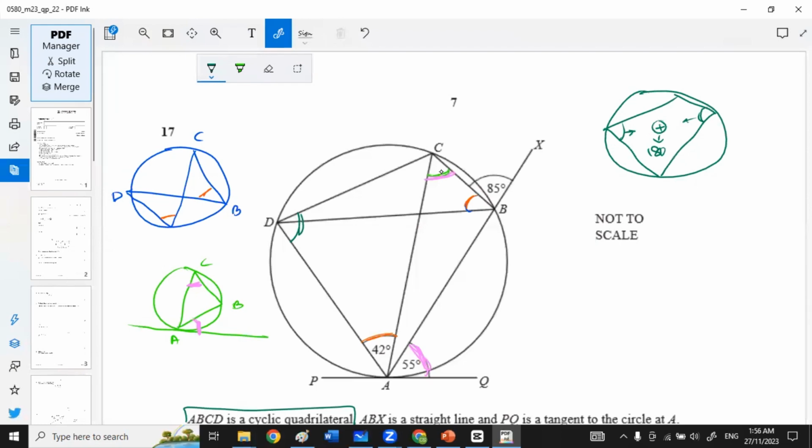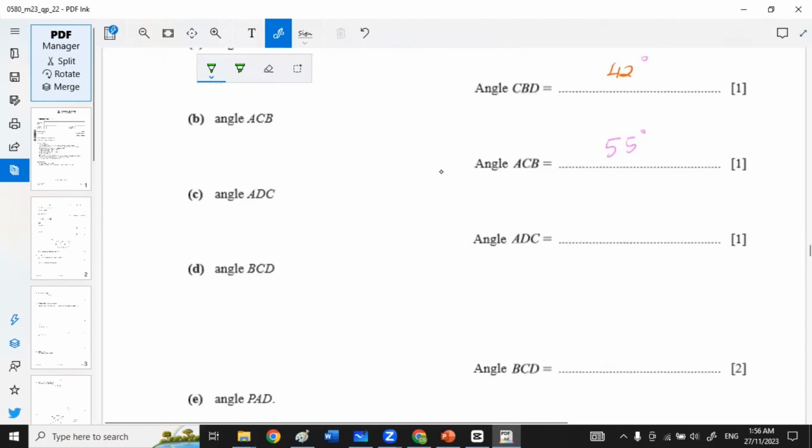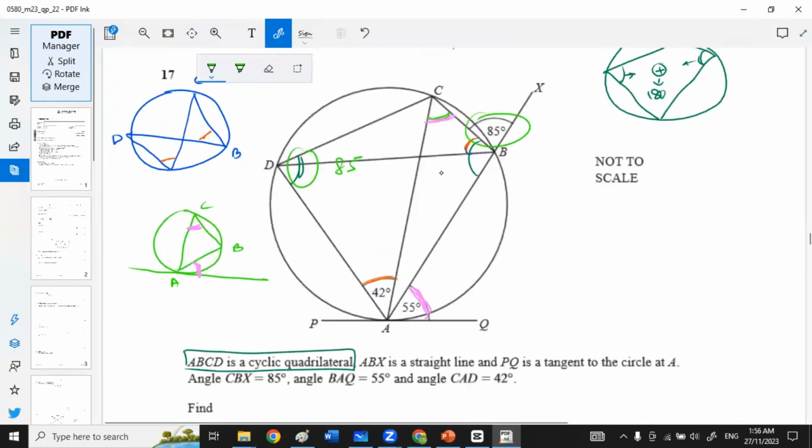So these two angles are equal to 180. Therefore, this angle is 85, because if you take 180 minus 85, you will get this, and then 180 minus this angle, you will get 85.